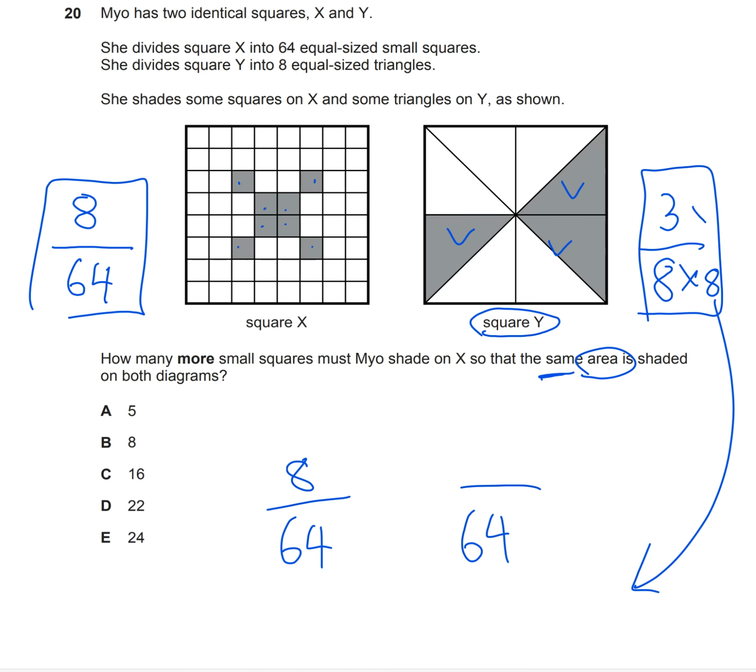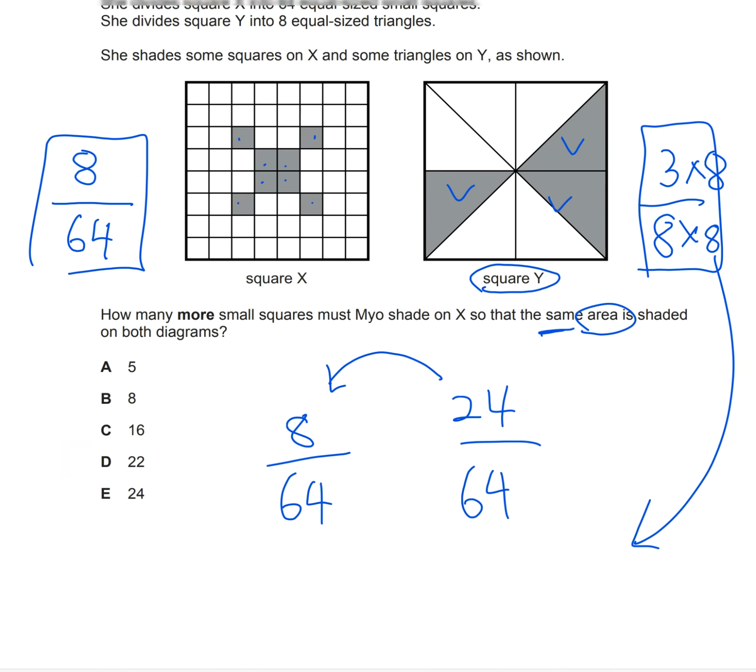So whatever we do to the bottom, we do to the top. 3 times 8 is 24. Now you can see there's a pretty big difference between 24 and 8. And if you minus it, you know that's exactly 12.